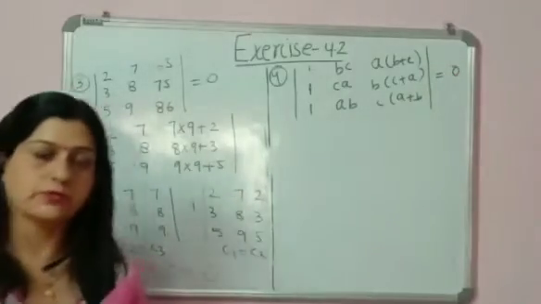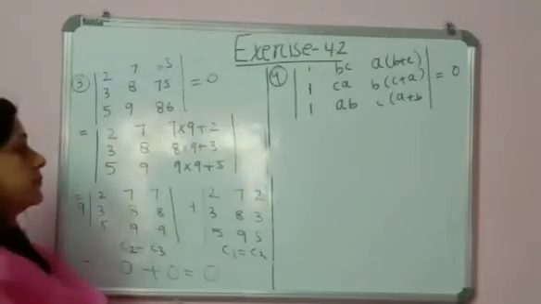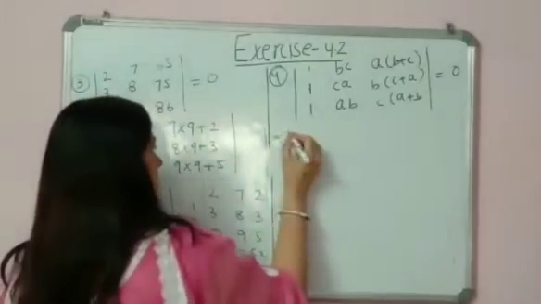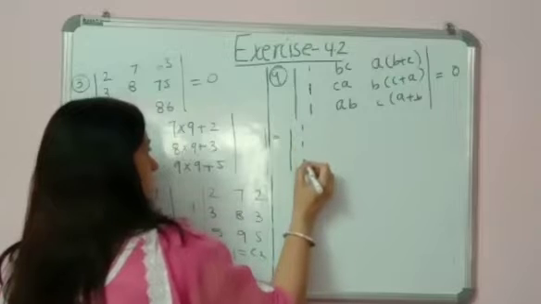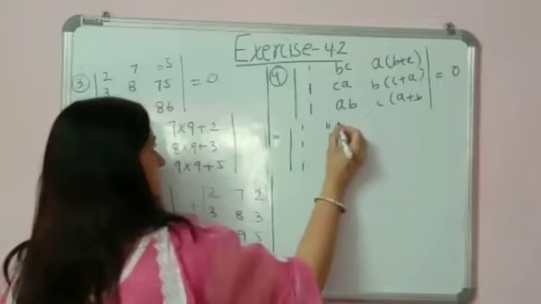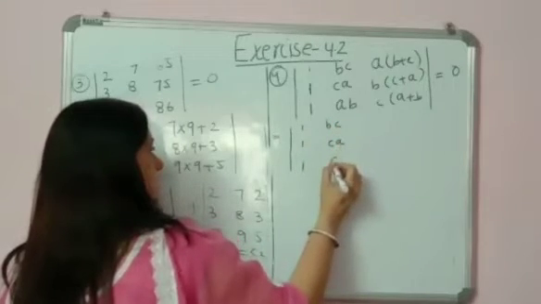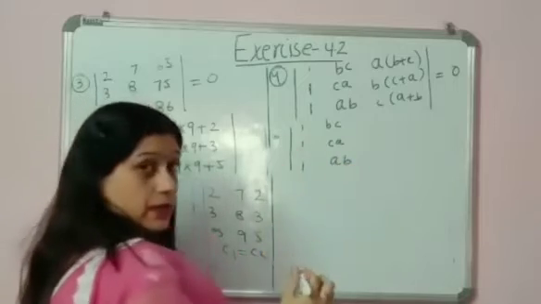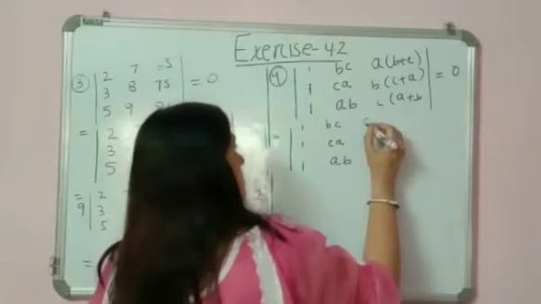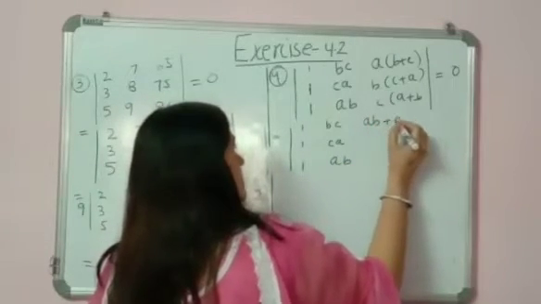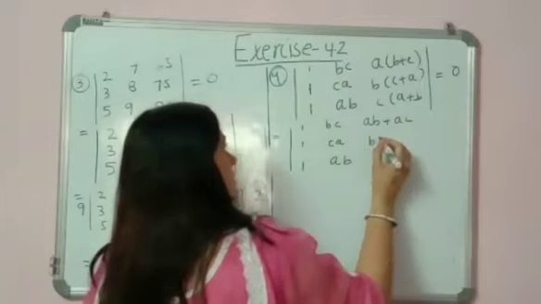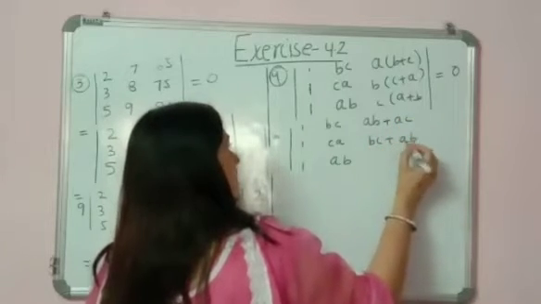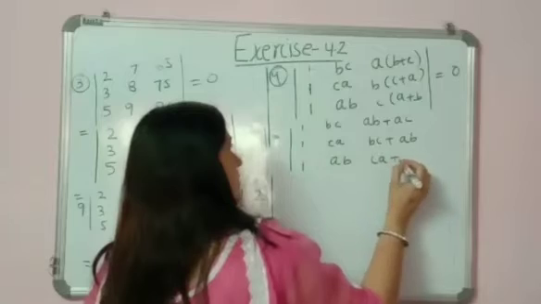So first of all let us simplify by opening this bracket. So it is equal to 1, 1, 1, BC, CA, AB, and here it is AB plus AC, BC plus AB and CA plus CB.